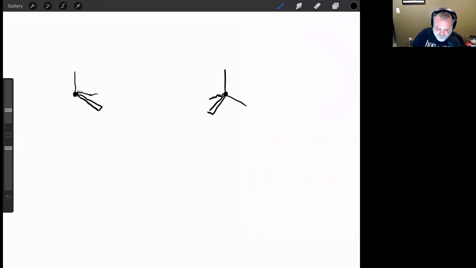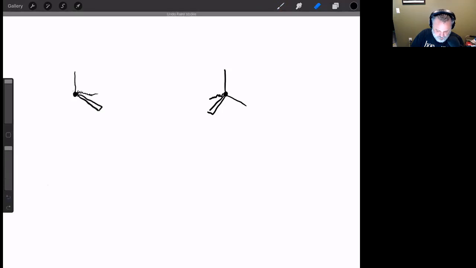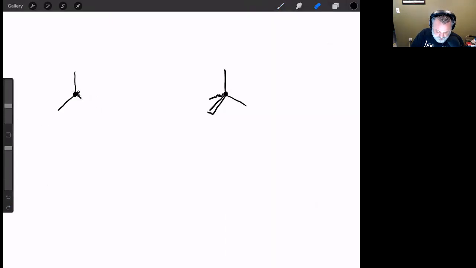But those tetrahedral centers are connected to four different groups. Let's try this again here. Draw this framework out, try to draw it a little better.